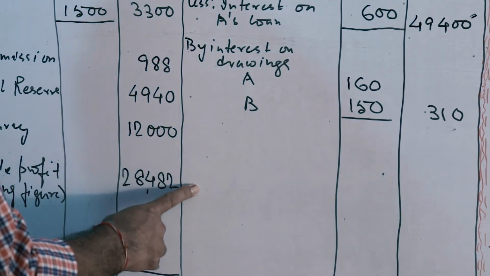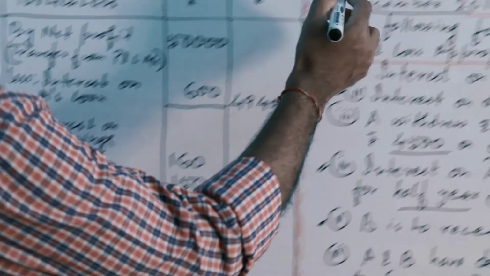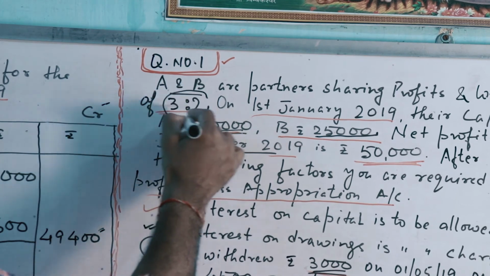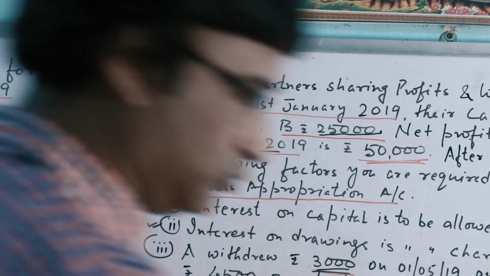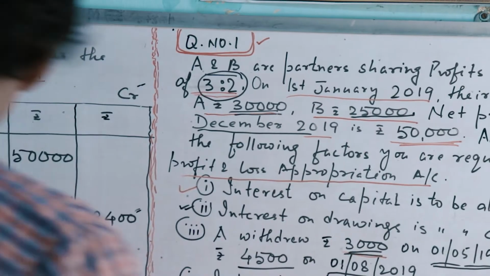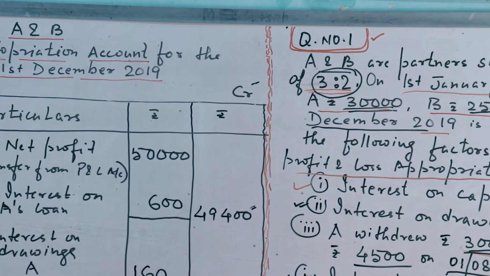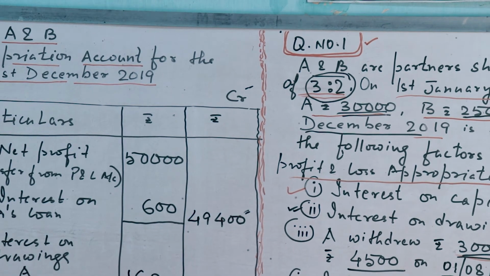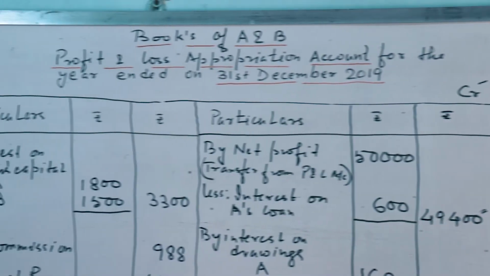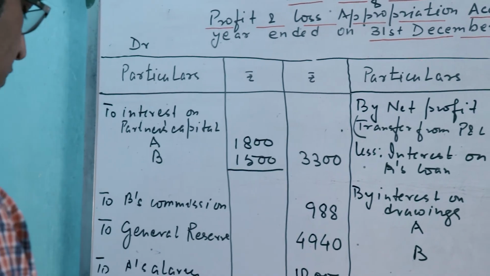Then this divisible profit will be shared by A and B in this ratio 3:2. So what will be the share of profit? Now let me calculate.